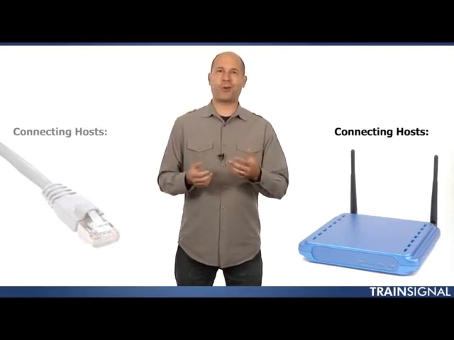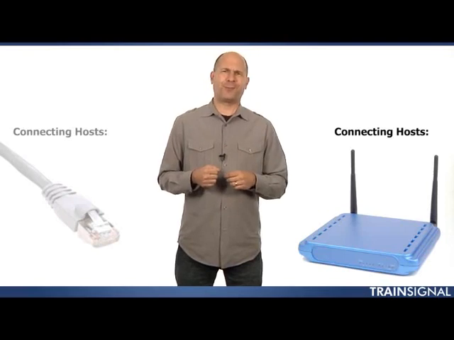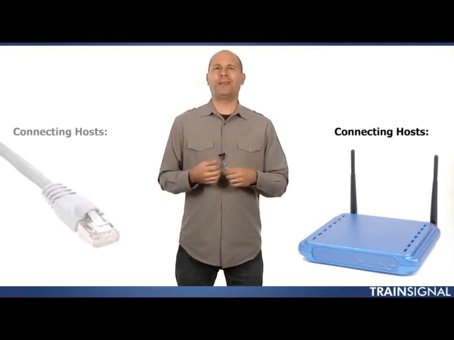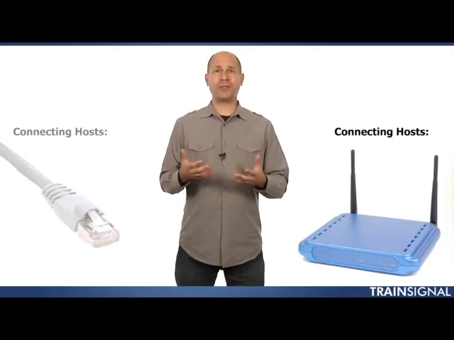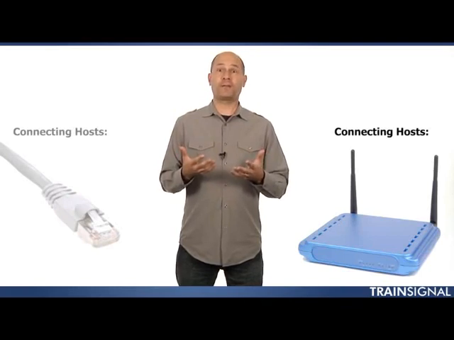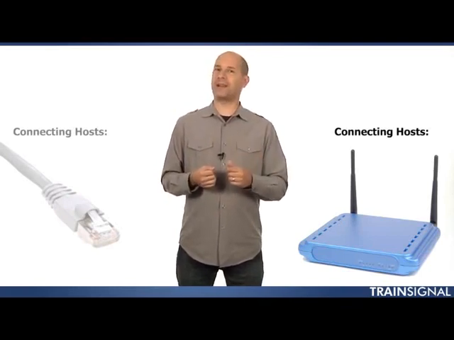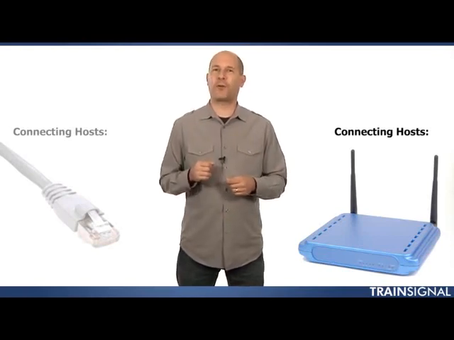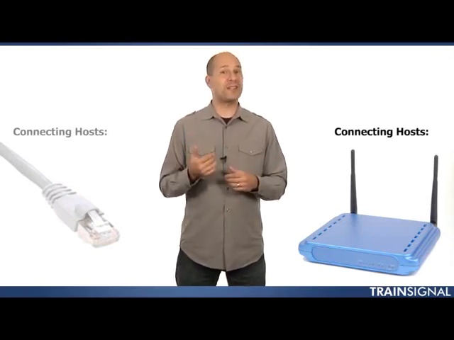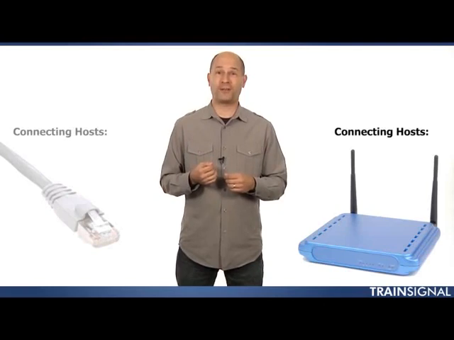Just because I'm showing you a picture of a wireless router, it's not truly showing you that we're using the invisible airways. But notice that it's this box that has a couple of antennas on it. That's what those antennas are for: sending and receiving data through the airways. So you need to understand that network media can be physical cable, or it could just be the air around us.